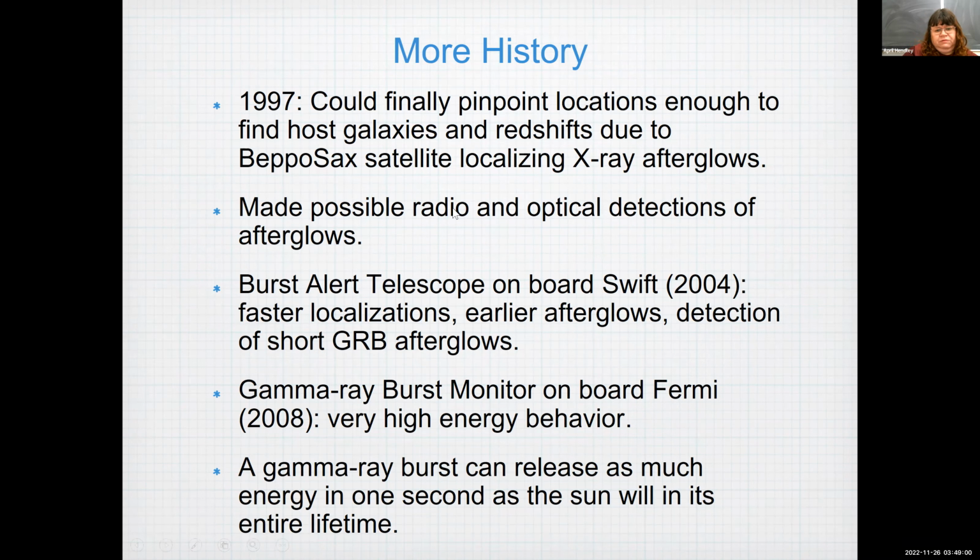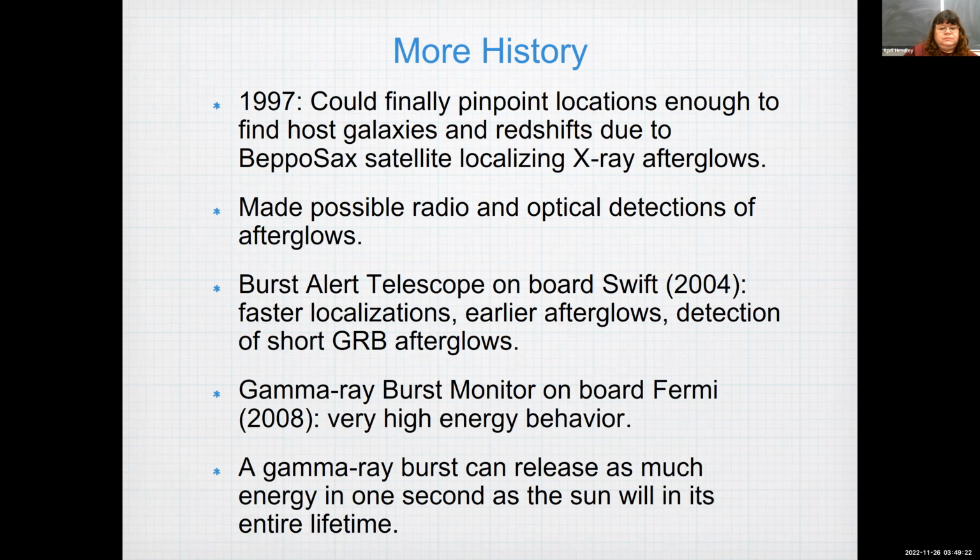Once we could get the X-ray afterglows and the locations, we started being able to find radio and optical afterglows. And eventually we could find the host galaxies, and even, if there was an accompanying supernova, we could find that too.